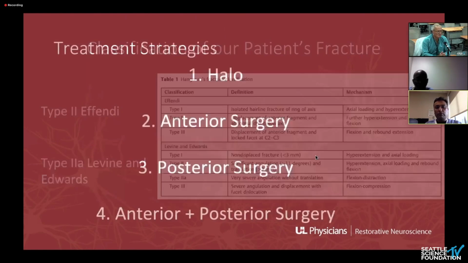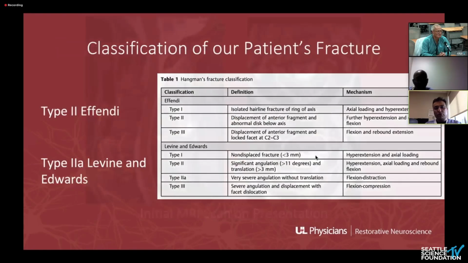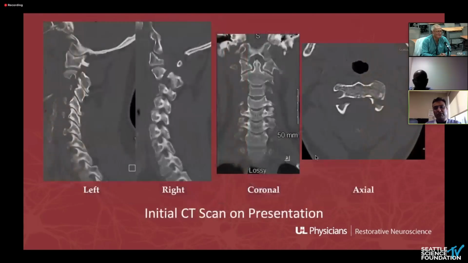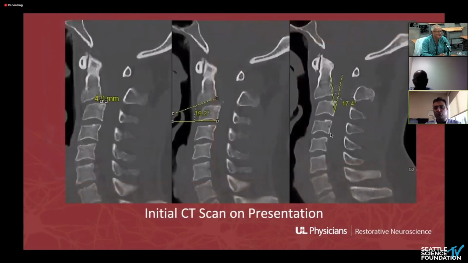However, we gave a lot of importance to the angulation part, as I mentioned on the CT scan, the first image which shows angulation of 17 degrees here. Although as per the translation also, there's 4 millimeter translation. So technically, angulation gets more importance to classify as 2A. That's why we decided to put it in 2A. And there is no disruption of facets. That's why I didn't classify it to be in type 3. Does that answer your question, sir?